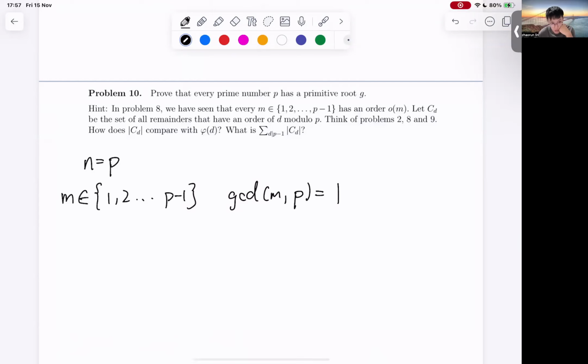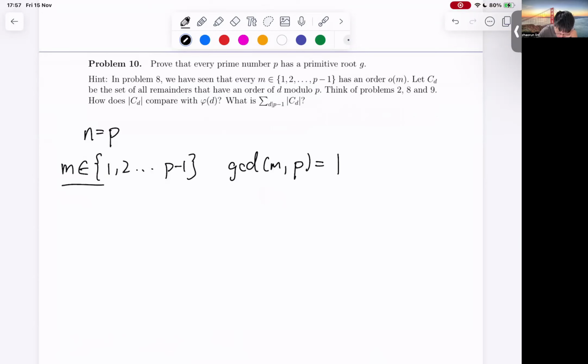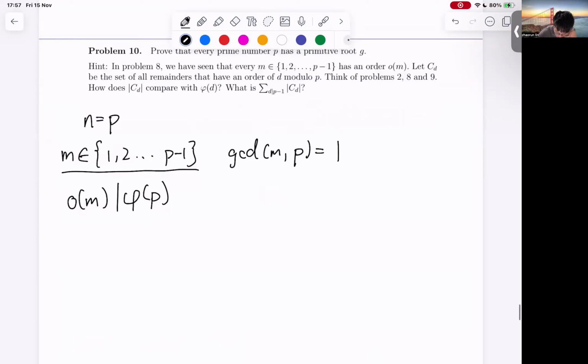So they're all co-prime to p. And for every such m in this set, the order of m divides the Euler totient function, the value of p. This is from problem 8. We have proven this.